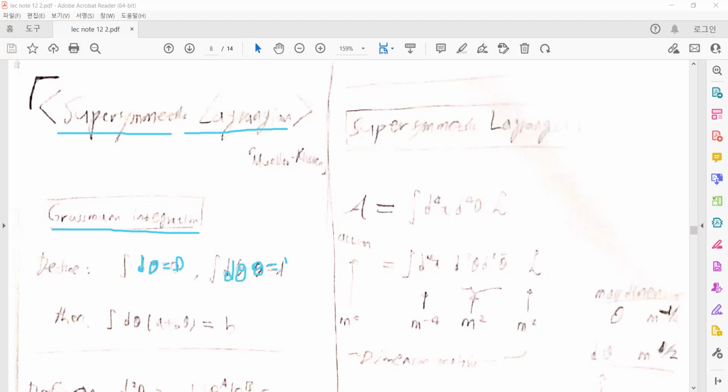Then if we integrate functions defined on the superspace, only the highest order terms remain after the integration. Those are the rules of integration in the superspace using the Grassmann integral.